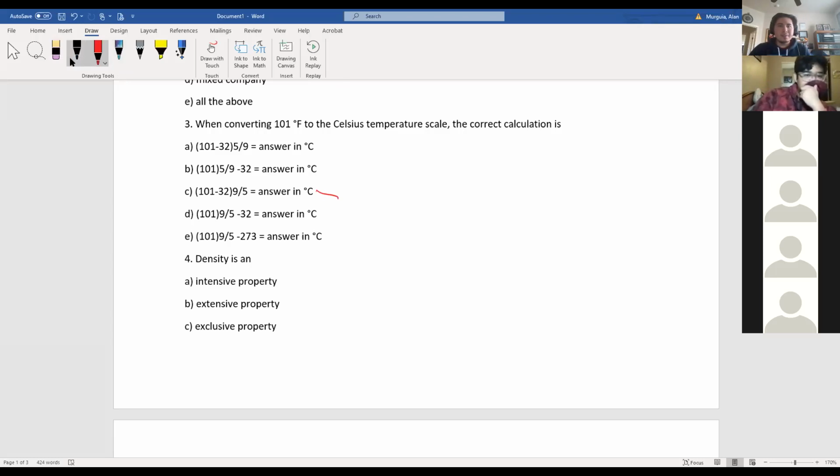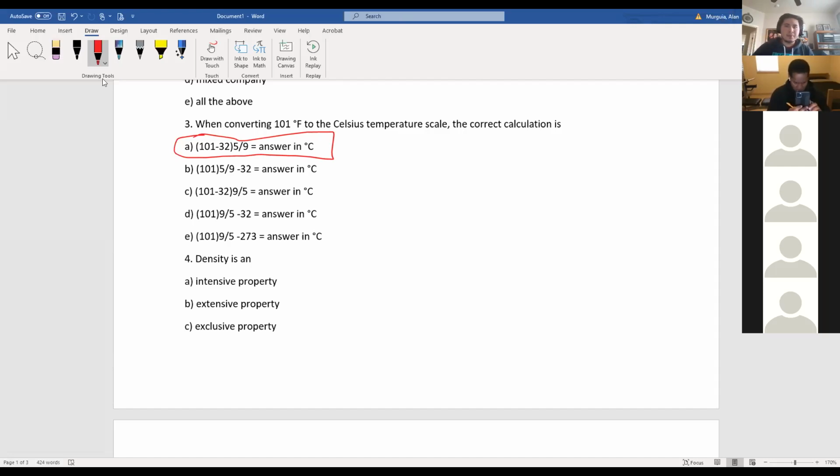Is it because of the -32? No, not quite. The -32 part would be correct. So is it supposed to be A? Yeah, it's A. There is a reason for it, but it's such a long calculation and process that you guys don't have to deal with it. But A would be the correct way. So remember, it's your Fahrenheit -32 times 5/9.